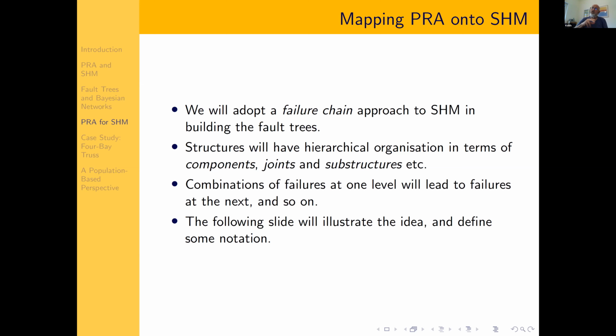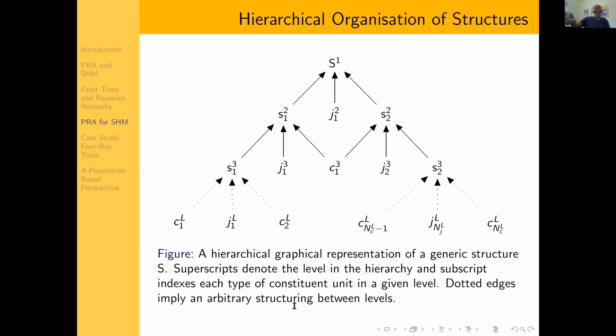We're going to give structures a hierarchical organization in terms of components, joints, and substructures, etc. And so when we get a failure at a component level, that might or might not lead into a failure at a substructure level, and that might or might not lead into a failure at a structural level.